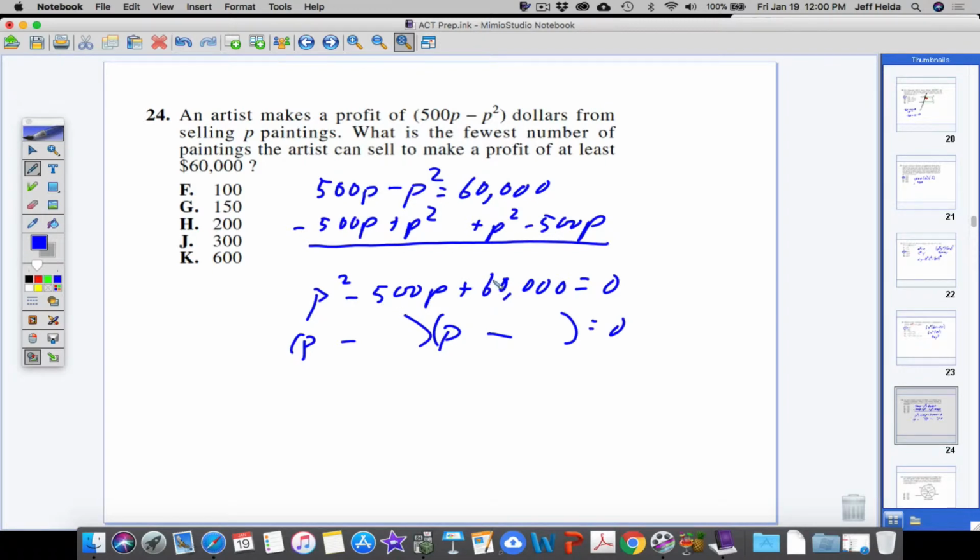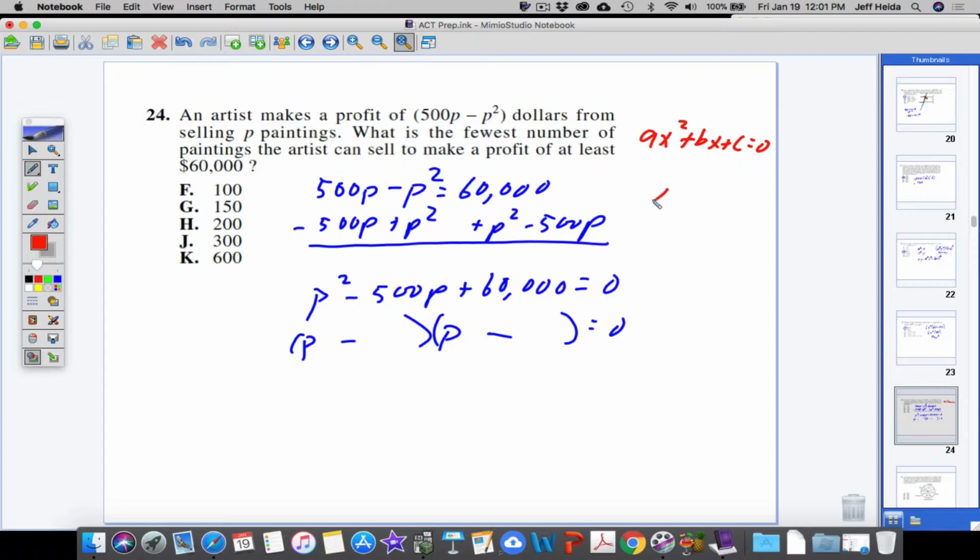If you think about that and you say, I really don't want to factor that, what's another way? There is another thing called the quadratic formula, and it comes from the quadratic equation. So if you have ax squared plus bx plus c equals 0, which in this case, you put p in place of x, that is a quadratic equation.